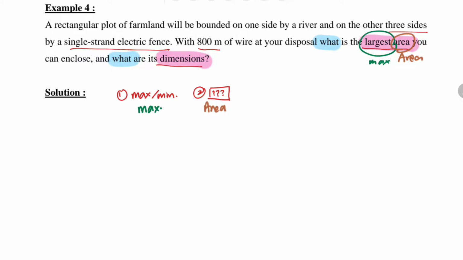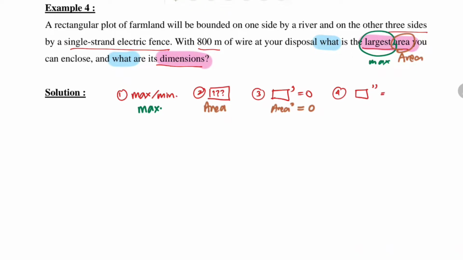Next, the third step would be to differentiate this function and equate it to 0. The function that we want to maximize is the area function, so we have to differentiate that area function and equate it to 0. After that, you will find the value of the variable that we are looking for. Then don't forget the last step, the fourth step, which is to find the second derivative.